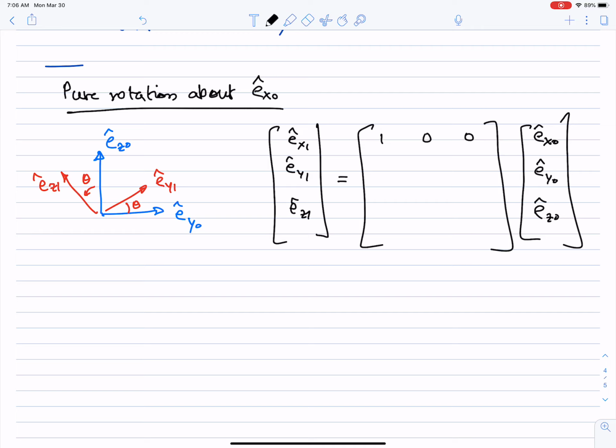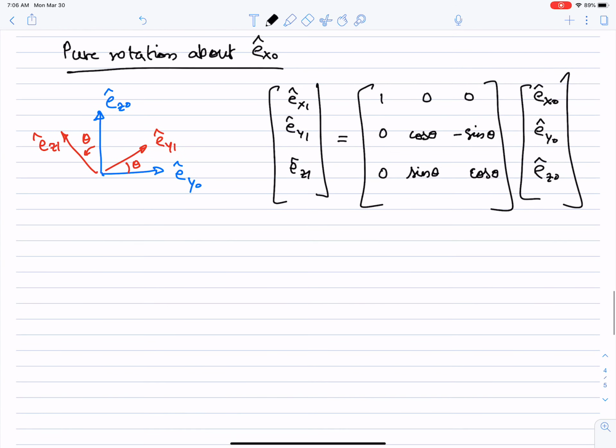And then we have 0, cosine theta, minus sine theta, 0, sine theta, cosine theta. Okay, so that's a pure rotation about Ex naught.